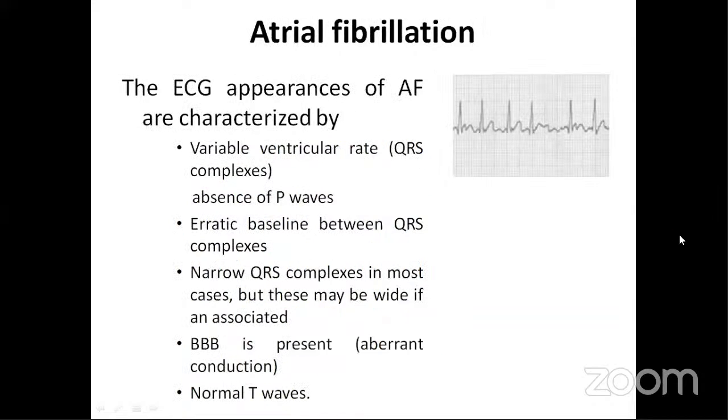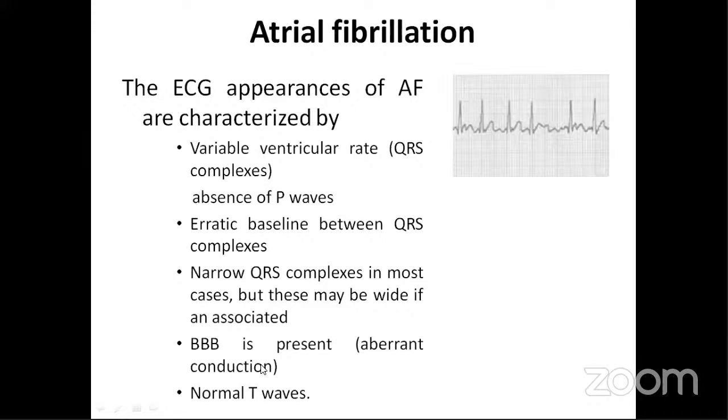And atrial fibrillation has a variable ventricular rate. You can see the difference between the normal and abnormal atrial fibrillated ECG waveform. There is no P waveform, and an erratic baseline between QRS complexes, and narrow QRS complexes in most cases.